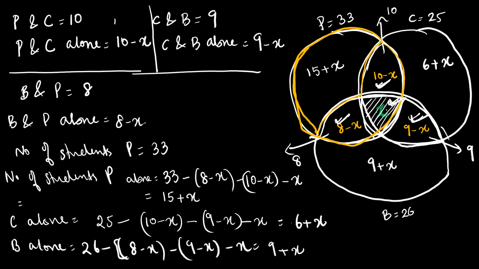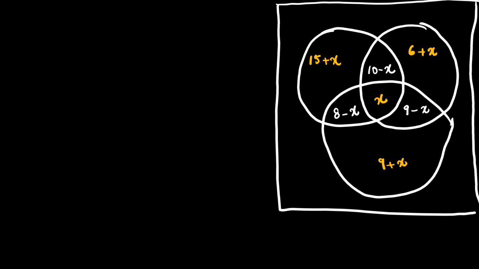Now we know that the total number of students in this school is 63, and it is also said that the number of students studying all the three subjects, that is x, is equal to the number of students studying none of the three subjects, which is also x.